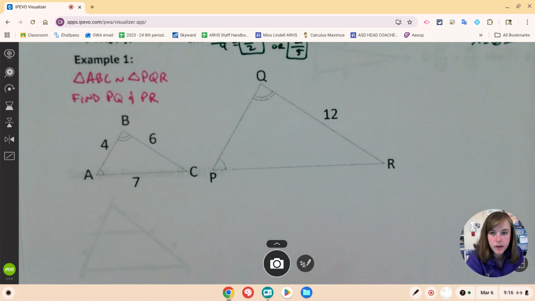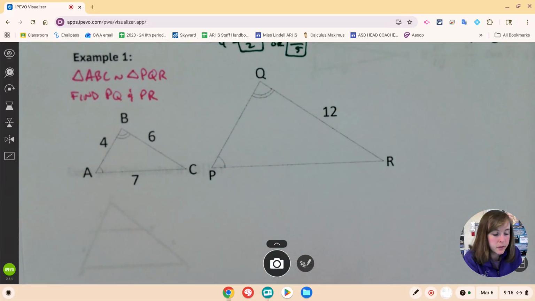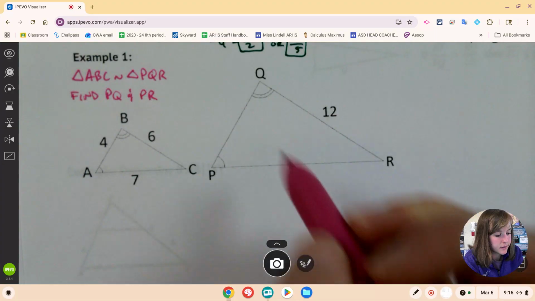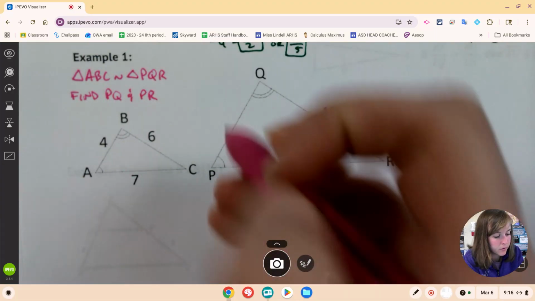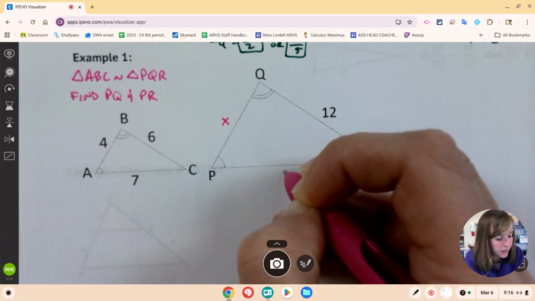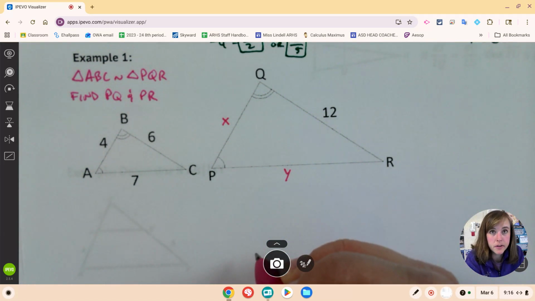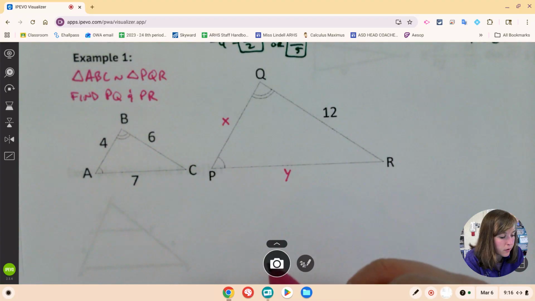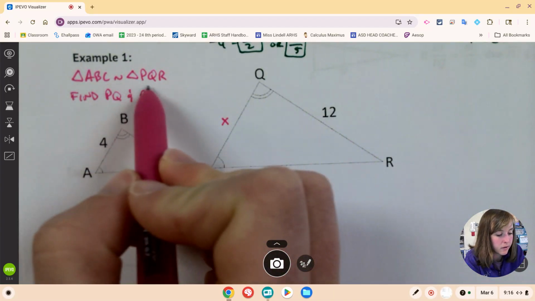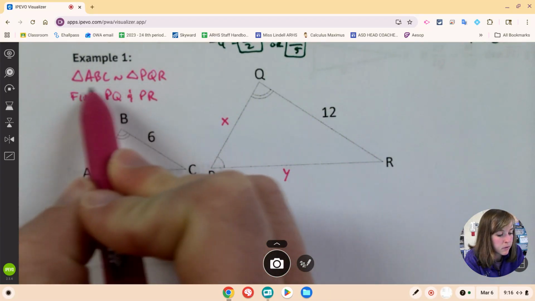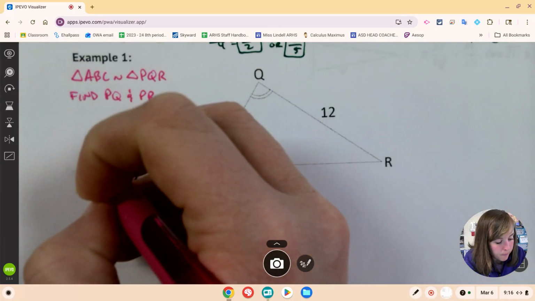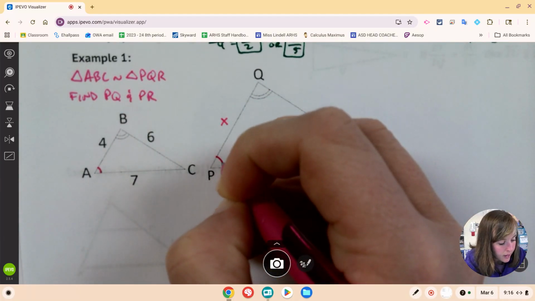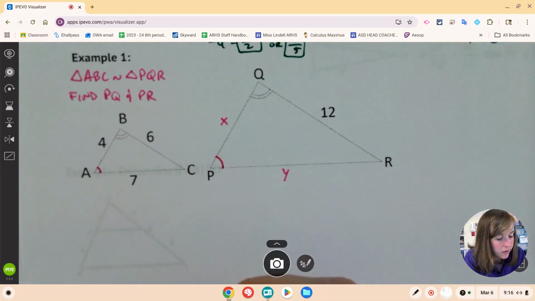Okay. So the first thing that I would probably do in a situation like this, since I don't have anything on those two sides, I'm going to label them with an X and a Y, just so that I have something to solve for here. But another thing you could also notice, we wouldn't necessarily have to be told that these two are similar, because it already shows us that A and P go together.